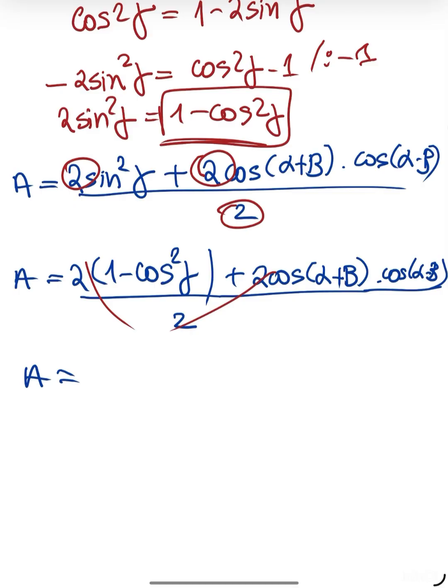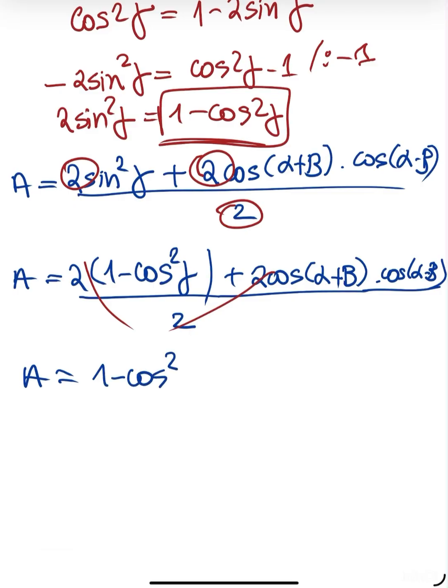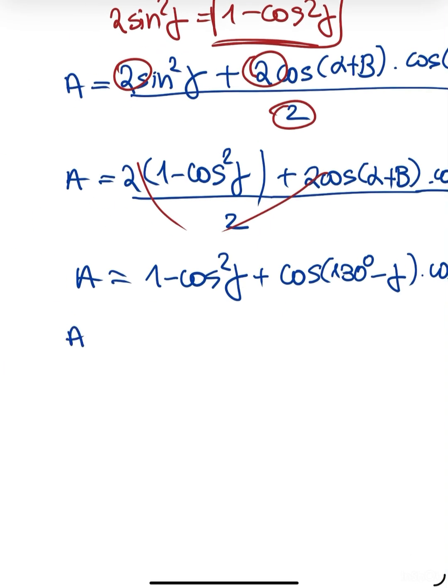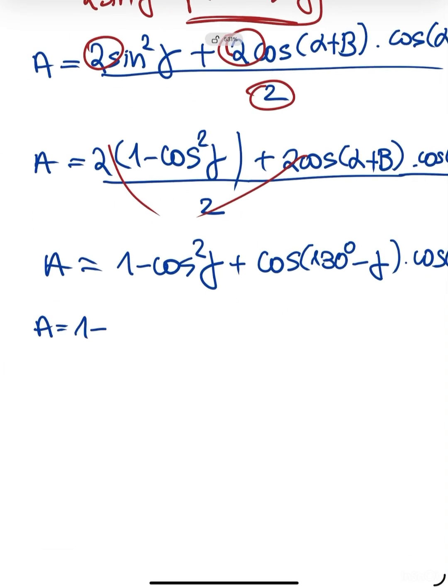We remove the denominator and we obtain only 1 minus cosine squared gamma plus cosine of 180 degrees minus gamma times cosine of alpha minus beta. So A is equal to 1 minus cosine squared gamma plus cosine, but the plus will become minus.